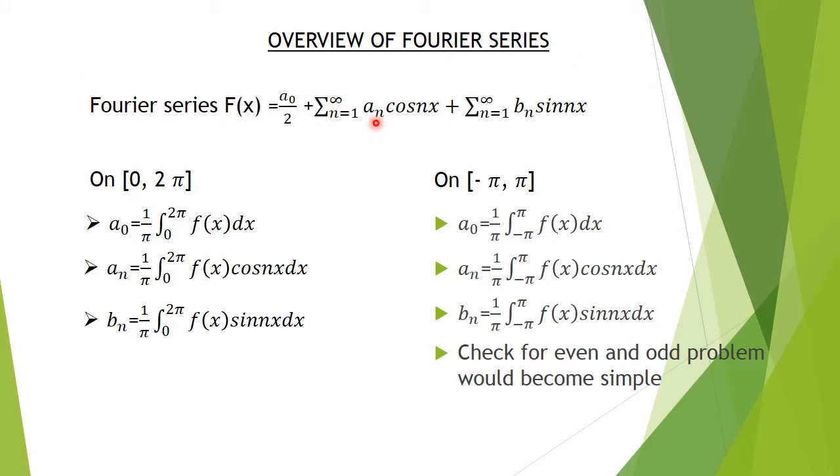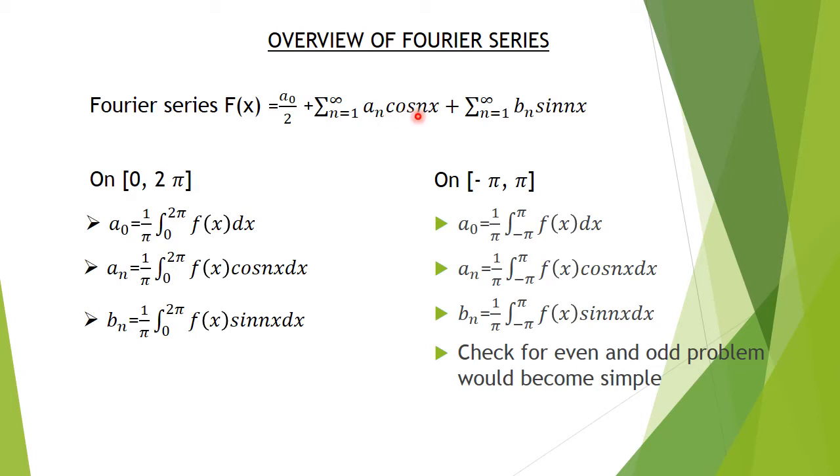To compute the Euler's coefficients or Fourier coefficients a0, a_n and b_n, which formulas are applicable? 1 upon pi, which is half of the length of the interval. a0 = 1 upon pi integral 0 to 2 pi f(x) dx if it is the 0 to 2 pi interval, and a_n = 1 upon pi integral 0 to 2 pi f(x) cos nx dx.